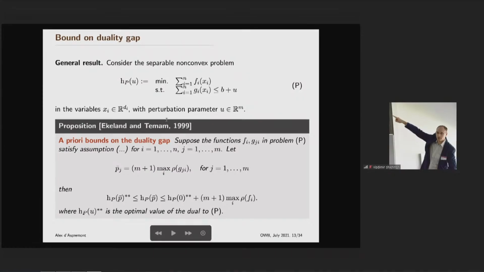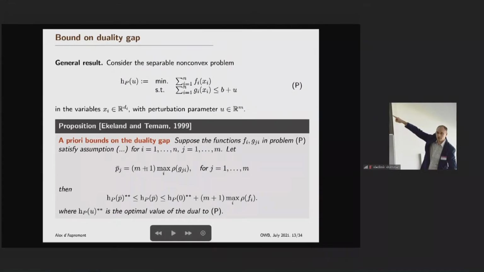And so this master result can be found, for example, in Ekeland and Temam in their book in 1999. And it shows that, again, the gap between the original problem and its relaxation will be controlled by this parameter p bar, which itself is a vector of perturbation bounds.